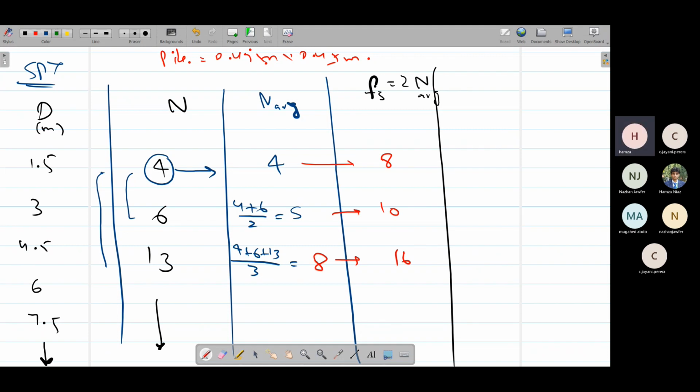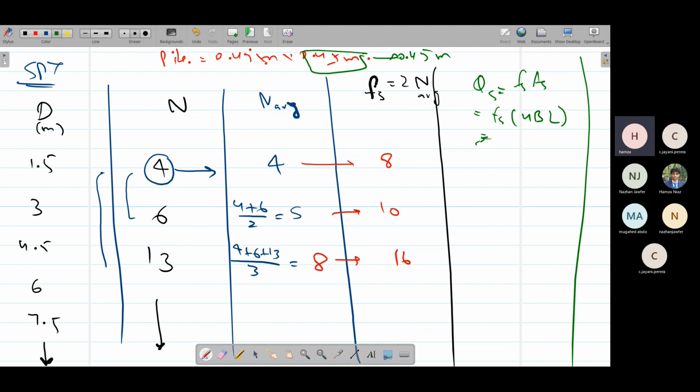Afterward, we have to find Qs. Qs is Fs times As, or Fs times pi d L for circular shafts, and simply 4 times b times L for square shafts, where b is 0.45 meters. Now for the first layer, it is 8 times 4 times 0.45. What would be the length?